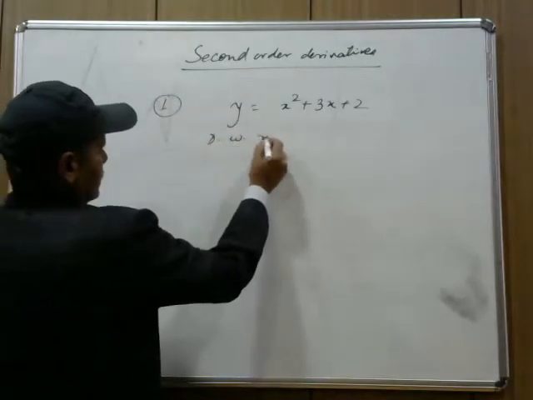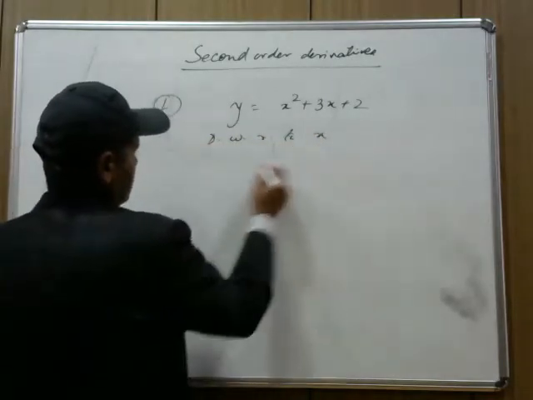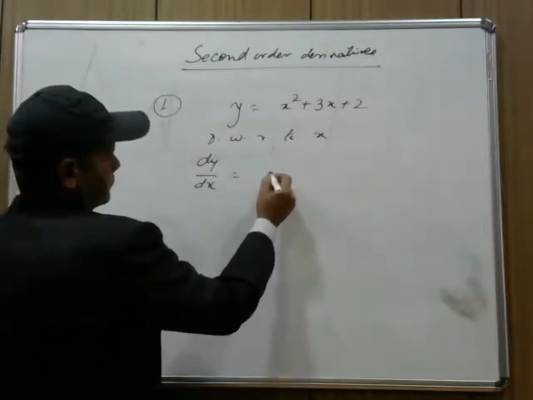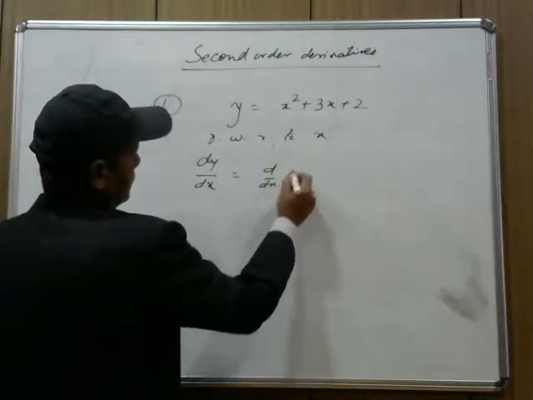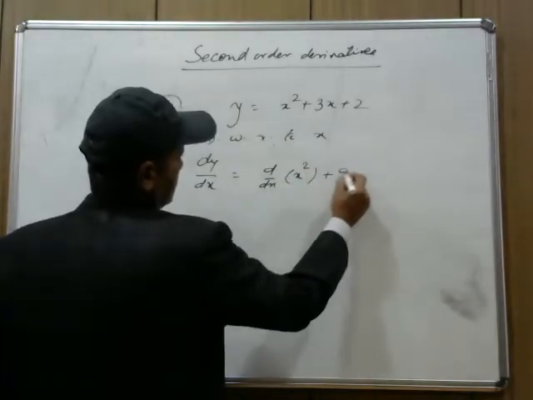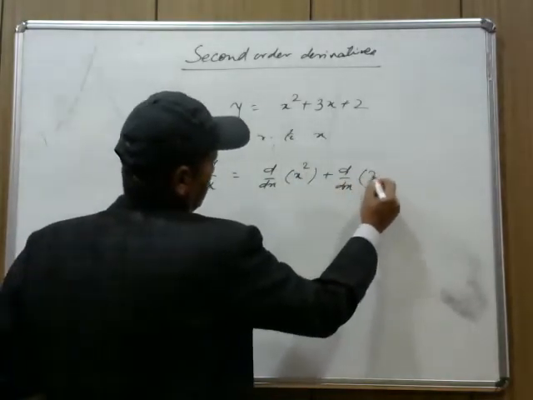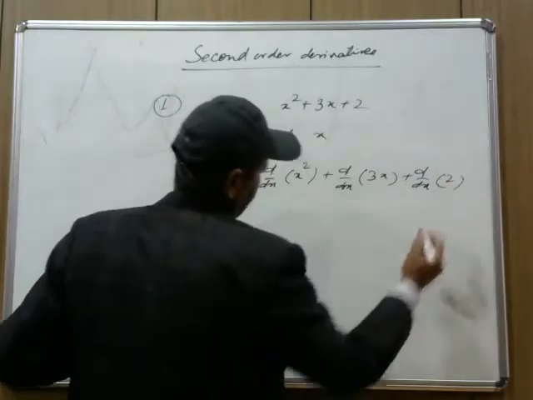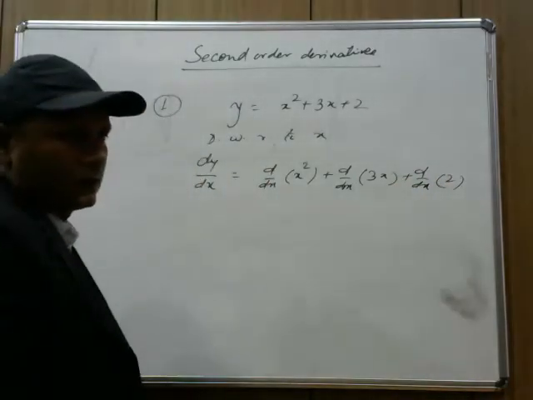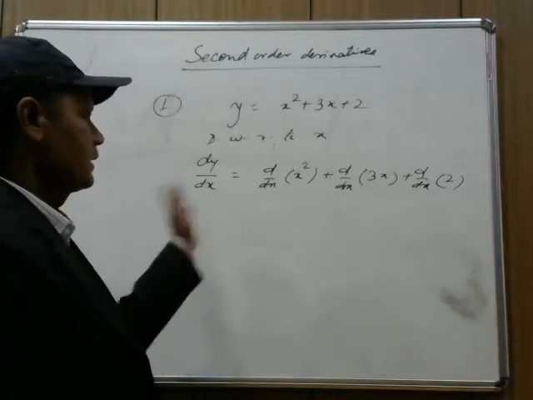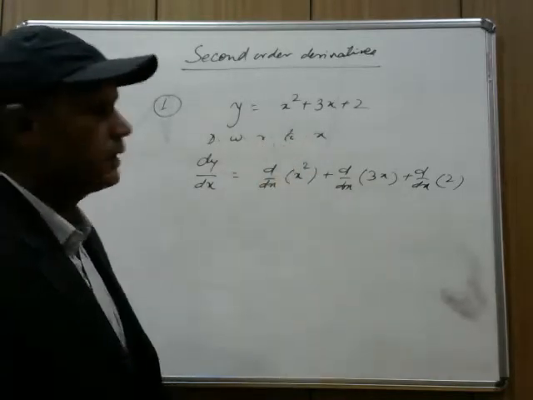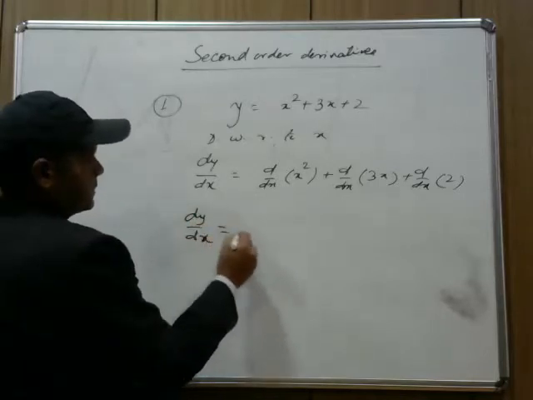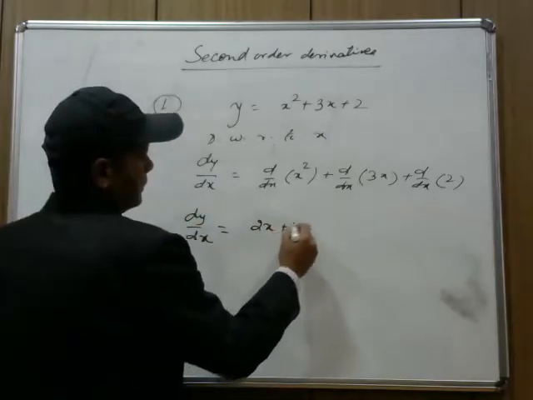Differentiate with respect to x. dy by dx is equal to d by dx of x square plus d by dx of 3x plus d by dx of 2. Now you have become all experts, we can write simply the differentiation: 2x plus 3. So now dy by dx is equal to 2x plus 3.